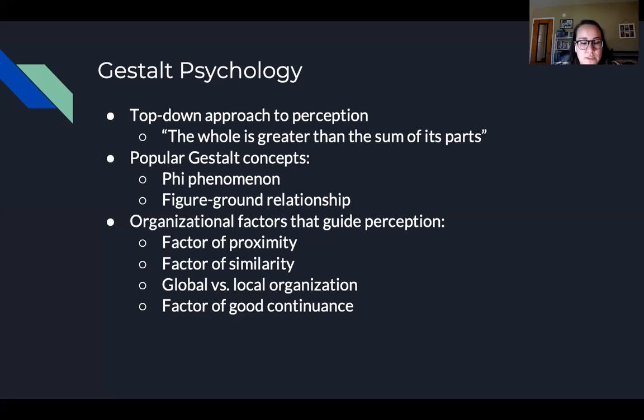And so there are some popular Gestalt concepts. You'll probably recognize some of them, or you probably did recognize some of them when you were reading the book. The first one is called the phi phenomenon.